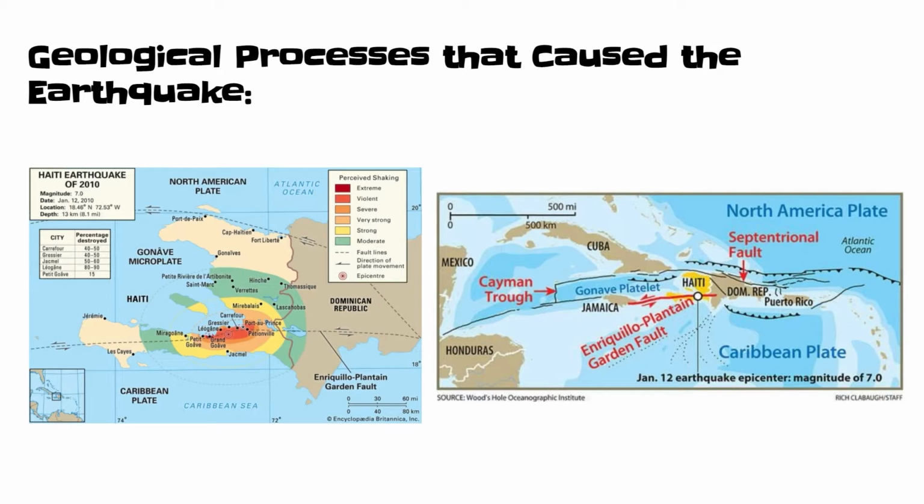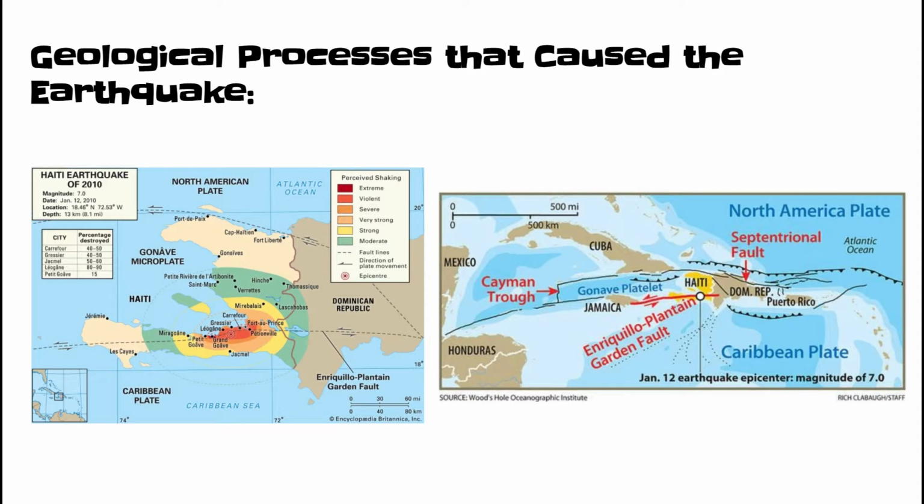So as you can see in this picture, this is a more expanded graphic on the left side. You can see specifically where the shaking occurred and how violent it was. So towards the middle, towards the epicenter, it was obviously much more extreme and would have caused a lot more destruction.